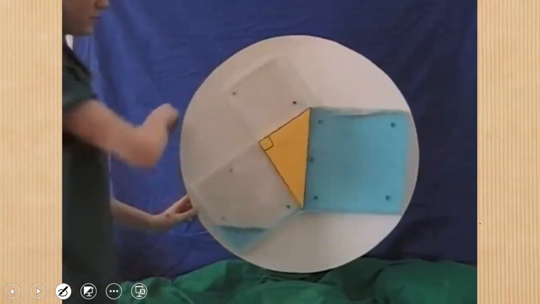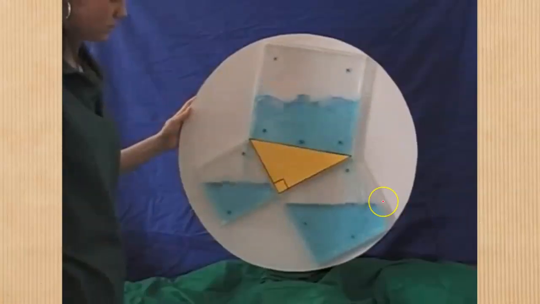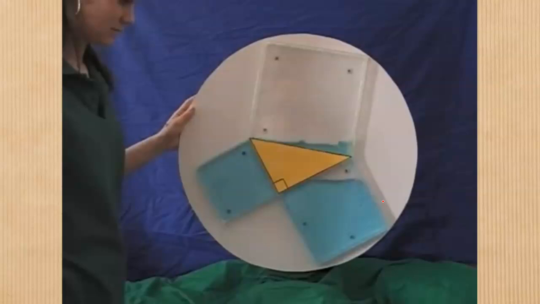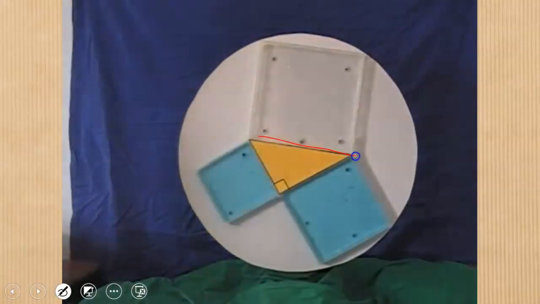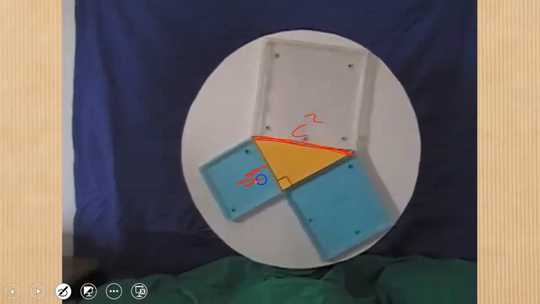Look at the reverse as well. Great. So what he's saying is that if you pick the longest side square, which is the hypotenuse, the square of this should be equal to the square of this plus the square of that.